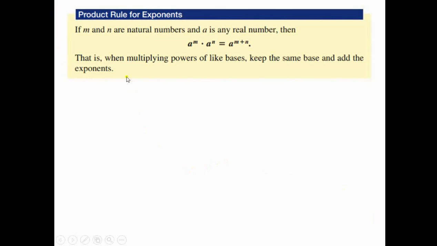So basically, if you got m and n again and they're natural numbers, and you got a base a and it's a real number, then a to the power of m multiplied times a to the power of n is going to be equal to the base a to the power of m plus n. So basically, multiplying powers of like bases, you keep the base and then you add your exponents.